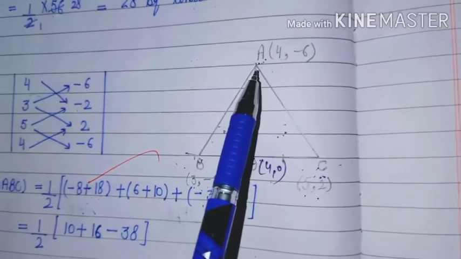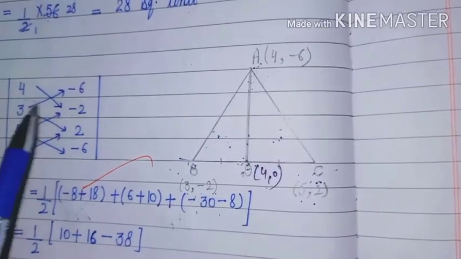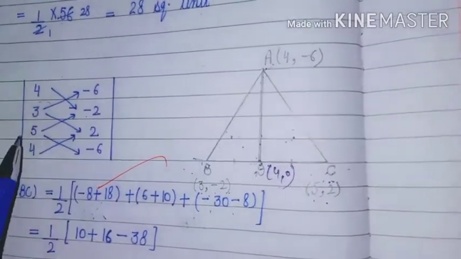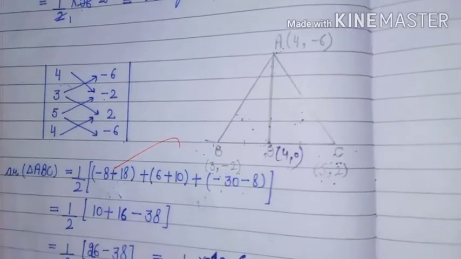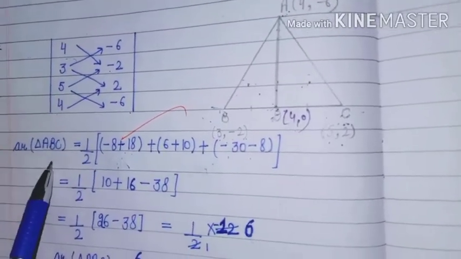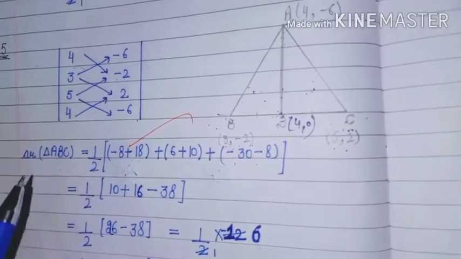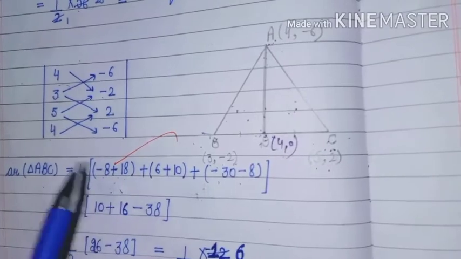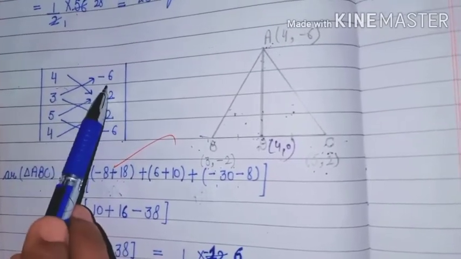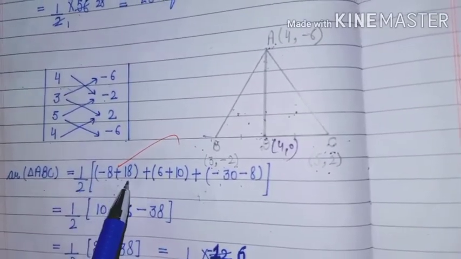Now we will write the coordinates 4, -6, then 3, -2, then 5, 2, and again we repeat 4, -6. You know how to solve the question. Area of triangle ABC is 1/2 times: cross multiply 4 into 2, that is 8, minus 3 multiplied by -6, again it becomes plus, that is 18.